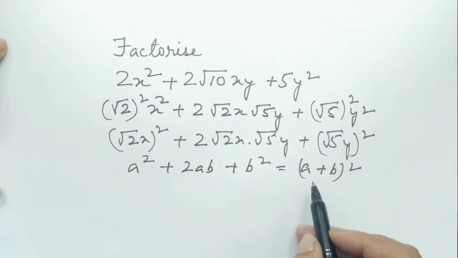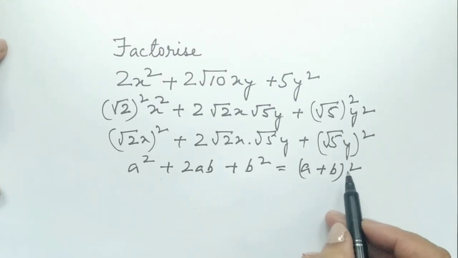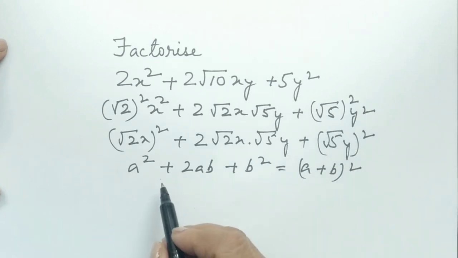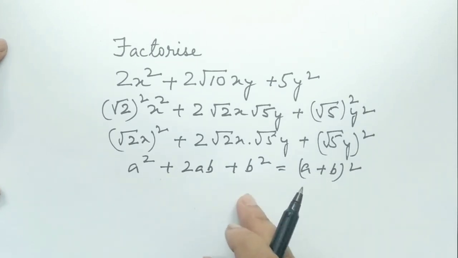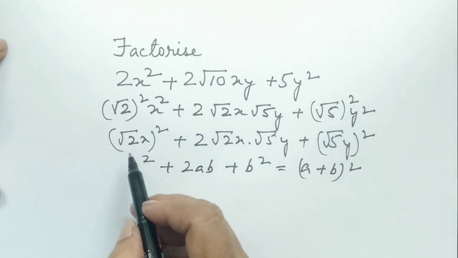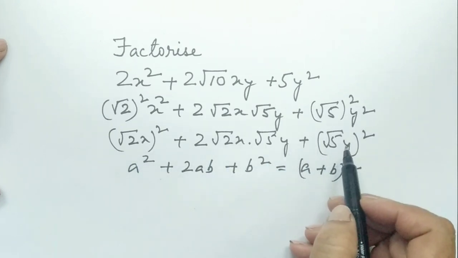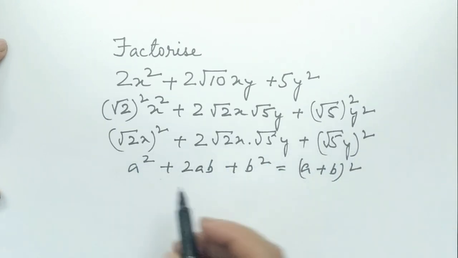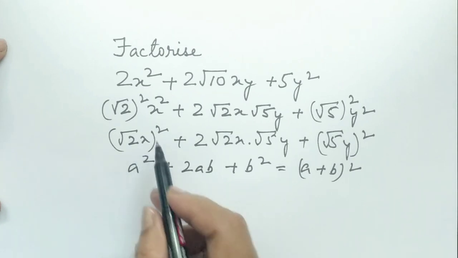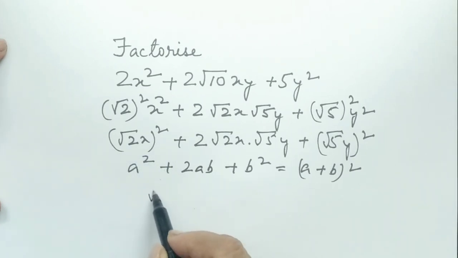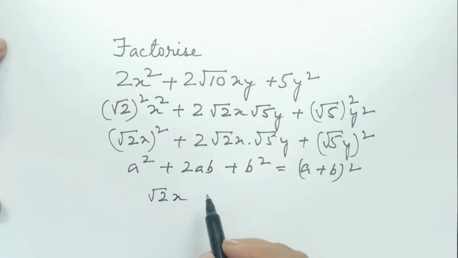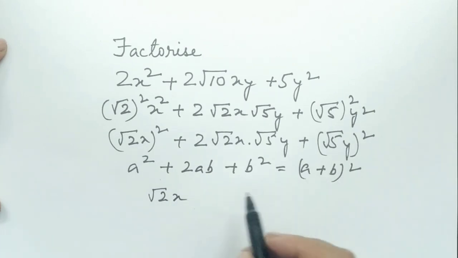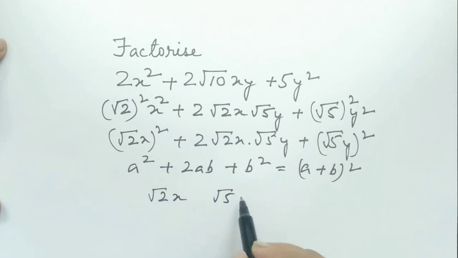Okay? Since a plus b whole square can be resolved from here, so we do the same thing with the above expression. So we have a square here. So our a would be root 2x and our b would be root 5y.